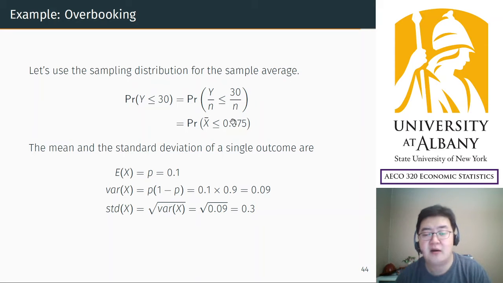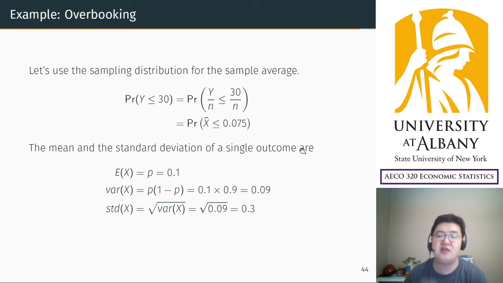As usual, to do this, we have to obtain the mean and the standard deviation of x bar, because we need them to standardize this probability. We have to make this probability into a standard normal distribution.